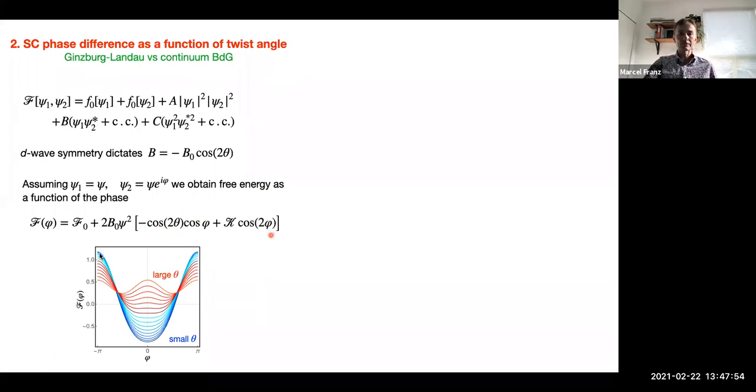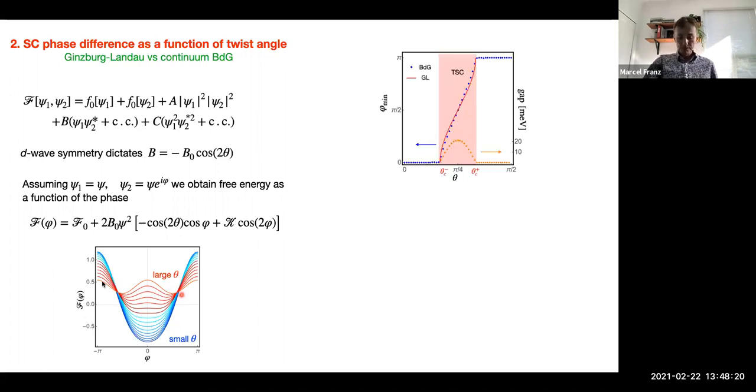And you can see this crossover from blue curves, which have a minimum at 0, to red curves, which have 2 distinct minima at non-zero angles. And as soon as free energy develops these 2 distinct minima, the time reversal symmetry is spontaneously broken, because you have 2 minima in free energy at different angles, and they correspond to 2 conjugate angles under time reversal.